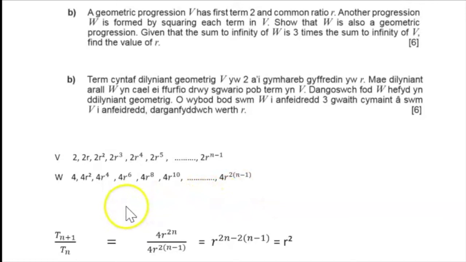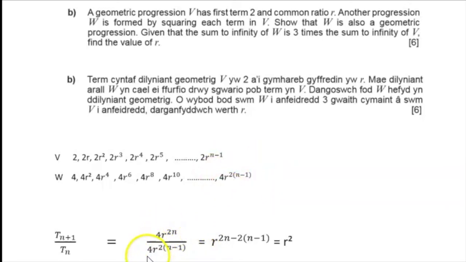If we wanted to look at this more mathematically, we could say that the n plus 1th term would be the next term here, so n would become n plus 1, and n plus 1 minus 1 is just n, so the n plus 1th term is 4r to the 2n divided by the nth term, which is 4r to the 2 bracket n minus 1.